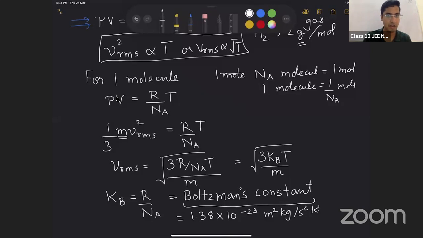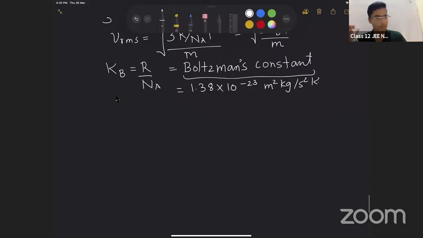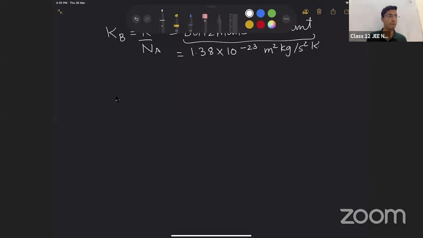If you have written this down, click a yes. Okay, got it. So that's the value of Kb. So we basically got two expressions, root 3RT by M and root 3P by rho, for the value of the root mean square velocity.